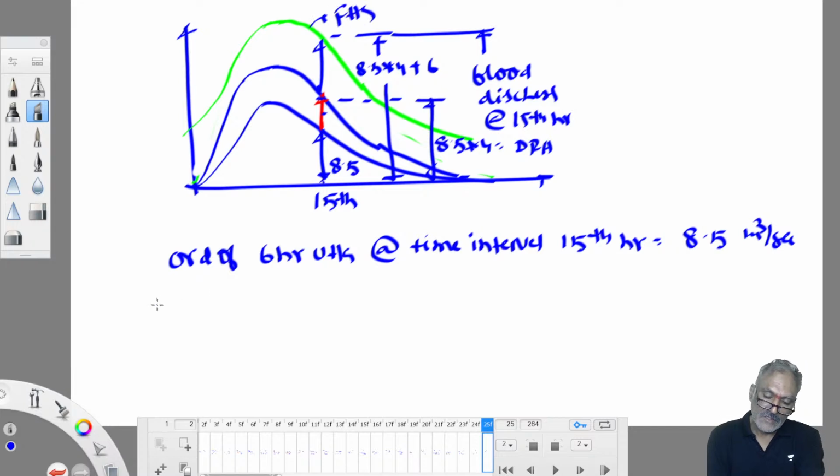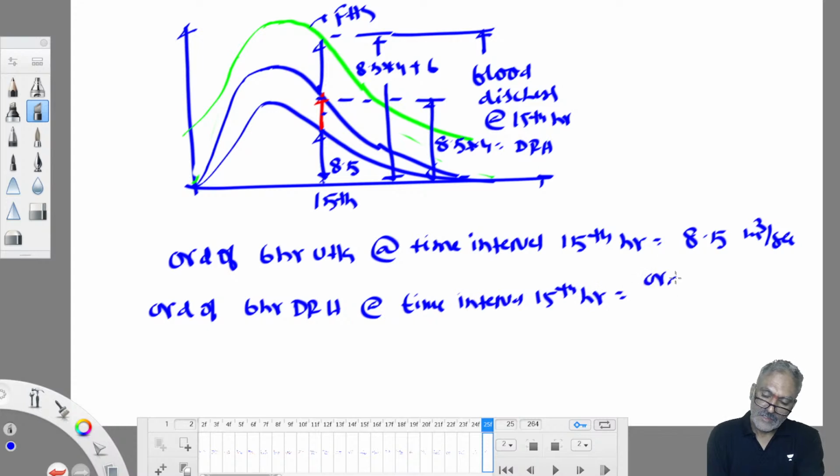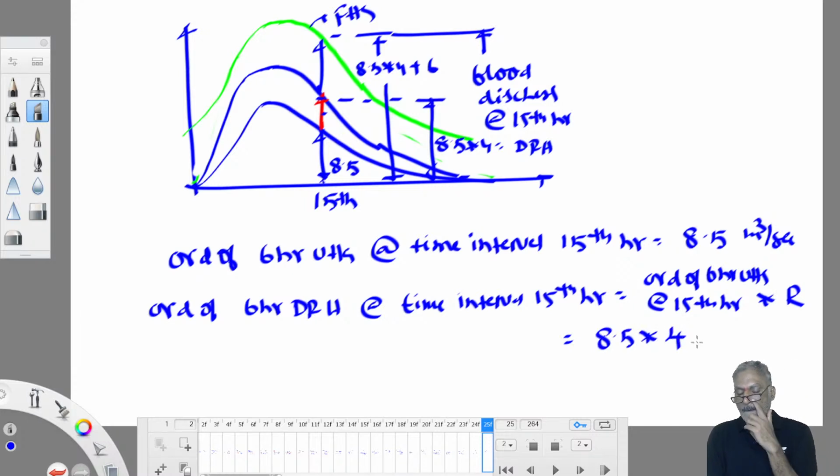So the ordinate of the 6 hour direct runoff hydrograph at the 15th hour time interval is the ordinate of the 6 hour unit hydrograph at the 15th hour into R. So 8.5 into 4, how much is it? 34.